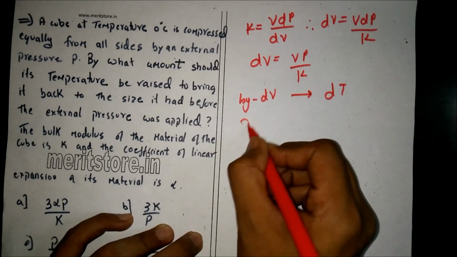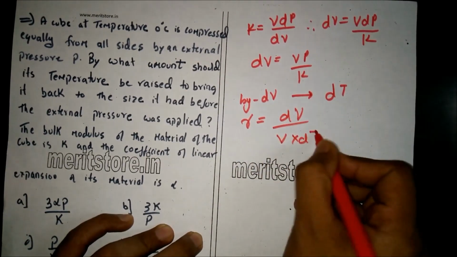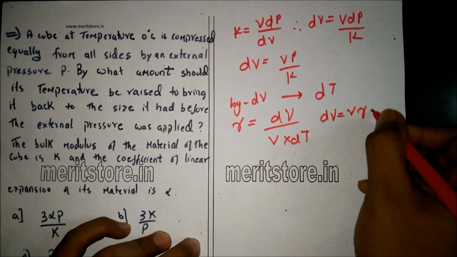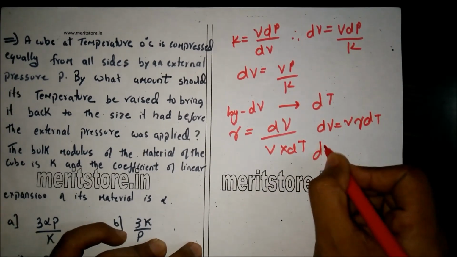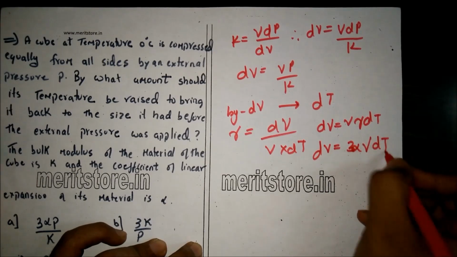Therefore, by definition, gamma will be equal to dV upon V into dt. Therefore, dV is equal to V into gamma into dt. But gamma is equal to 3 alpha. Therefore, dV will be equal to 3 alpha V dt.